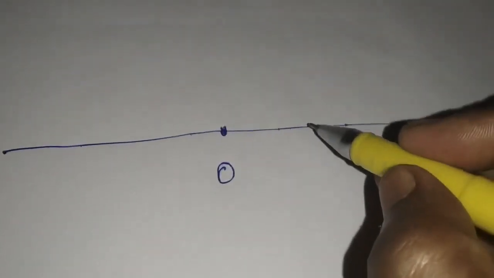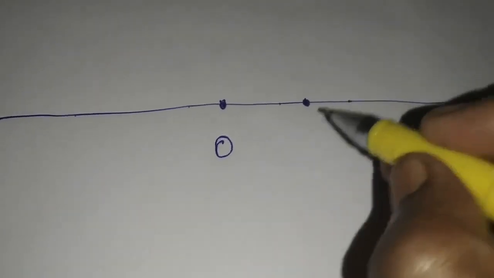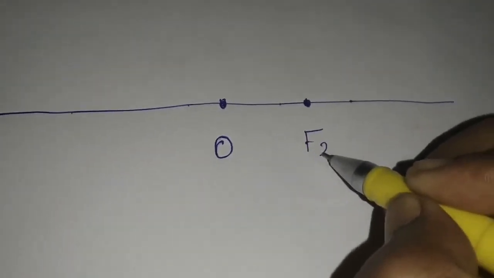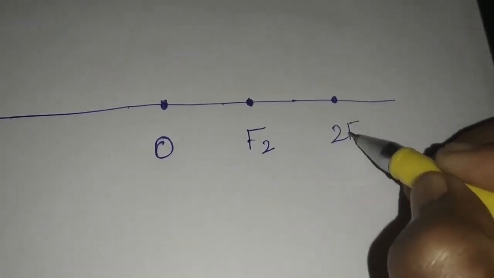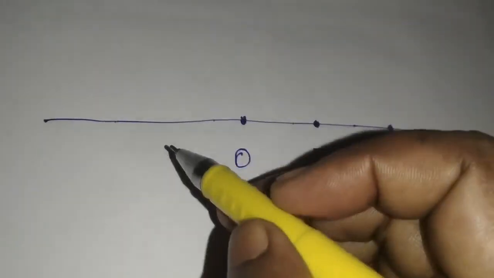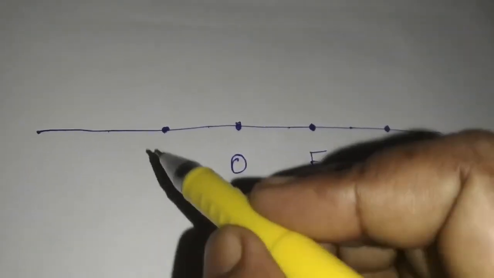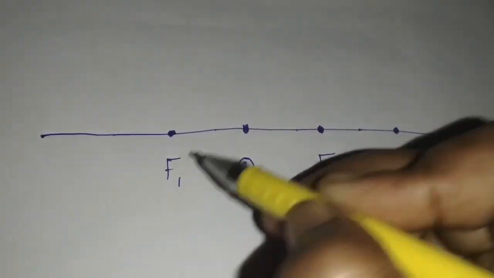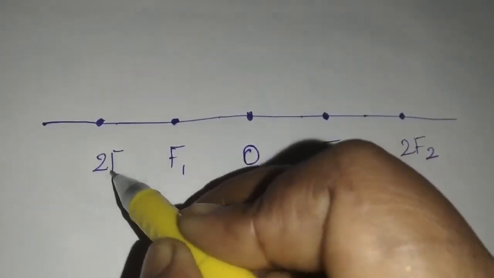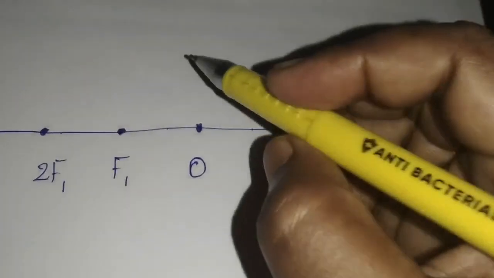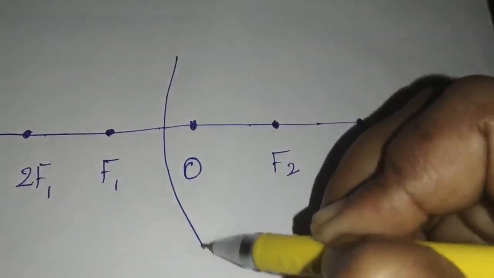From the right, you have to take 2 points, F2 and 2F2, and on the left side you have to mark F1 and 2F1, and from the optic center O you have to draw the convex lens.